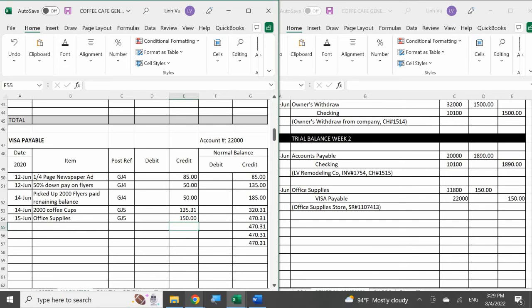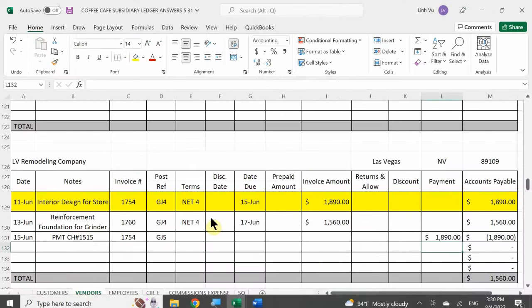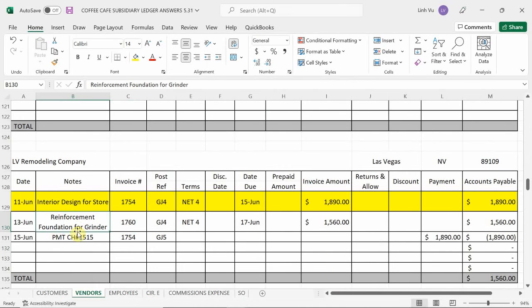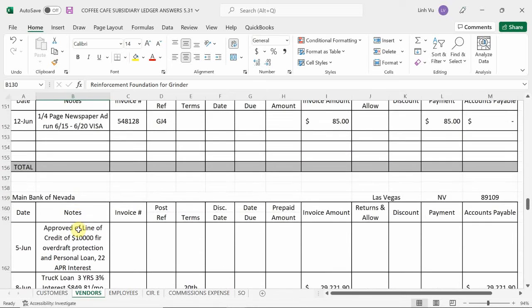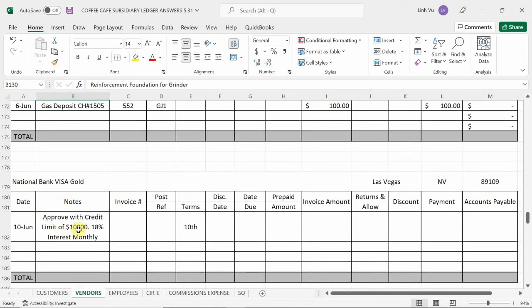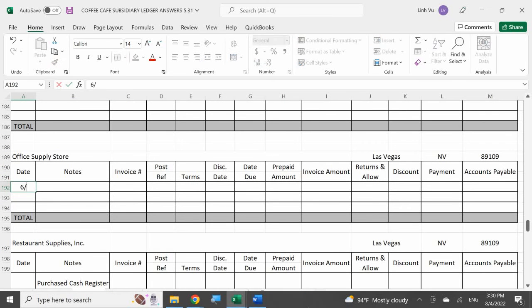And now we can move on to the subledger for the vendor. The name is Office Supply Store. Here I would list the name of the item we bought.